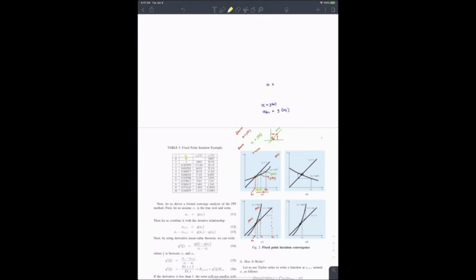So 0, 1, you see it keeps going, and the percentage relative error goes down as well. You don't always get the true relative error, because to find the true error, we need to know the exact solution.